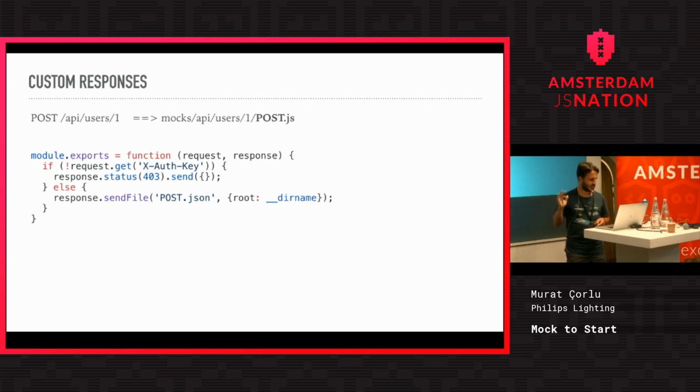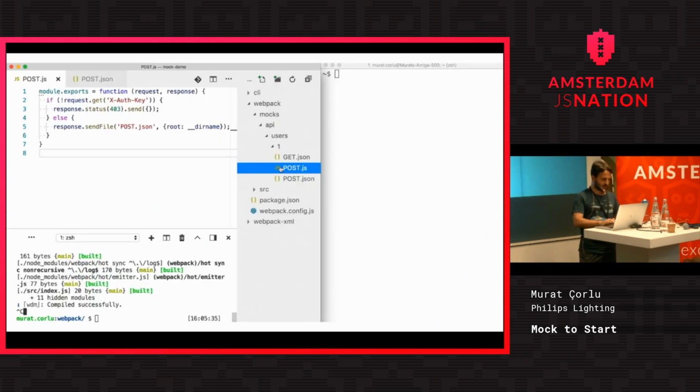For example, here we are defining a custom response that checks an x-key header in the request, and if it is not there, it returns an access forbidden header. Otherwise, it returns a static response. This is how it works.